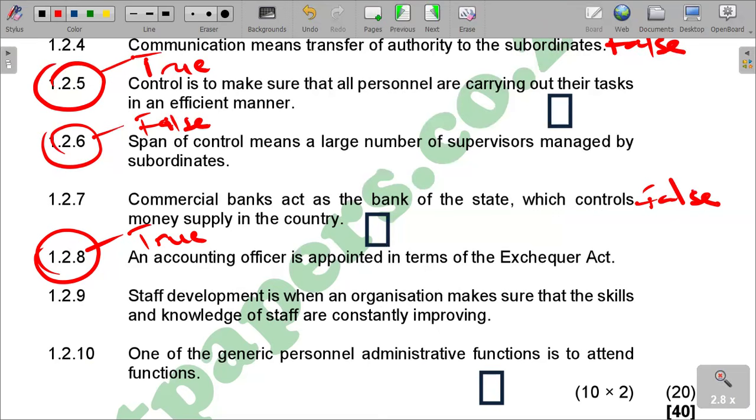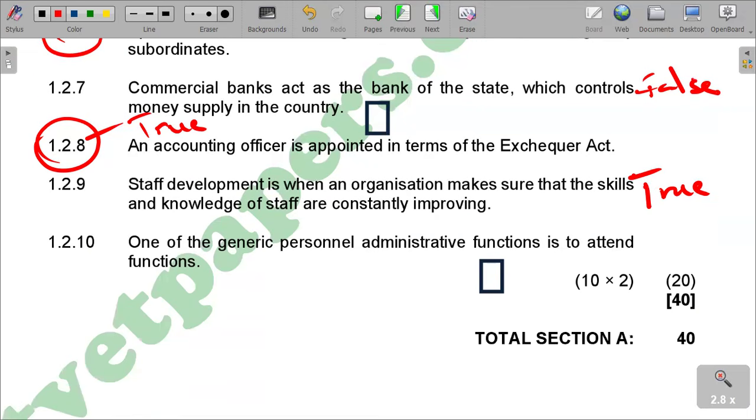So it is true to say that staff development works to ensure that the skills of employees and staff are constantly improving. Remember, we are living in a dynamic world. Things are changing and improving every time. Because of that, we need to ensure that our staff skills are constantly improved. That is staff development.